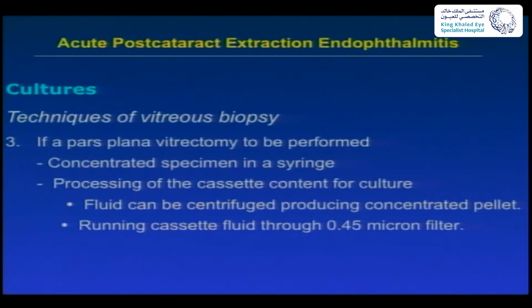At the start of the procedure, we get a concentrated sample in the syringe before we open the infusion line. And we send the cassette at the conclusion of the surgery, which contains all the fluids that came from the eye, to the microbiology lab, where they can centrifuge it and culture the concentrated pellet, or they can run the material through a filter and then cut it in small pieces and culture it.